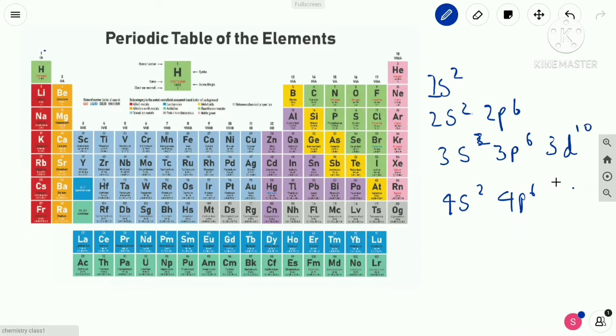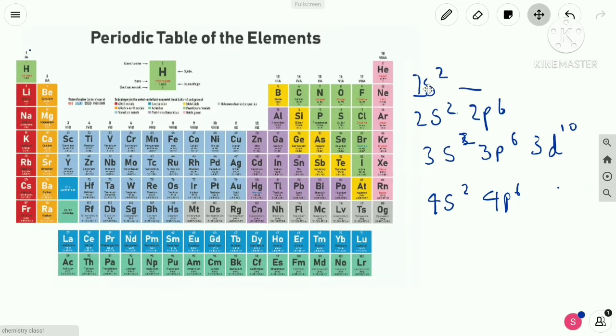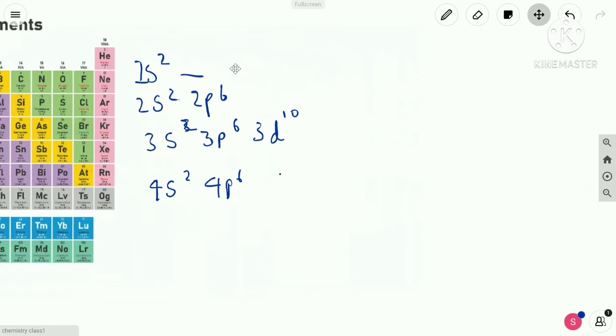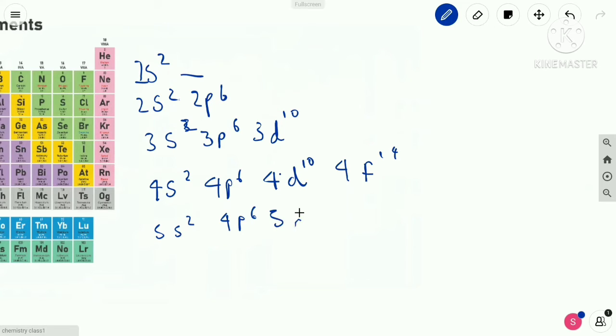So then we have 4d10 and 4f14, 5s2, 5p6, 5d10, 5f14, 6s2.